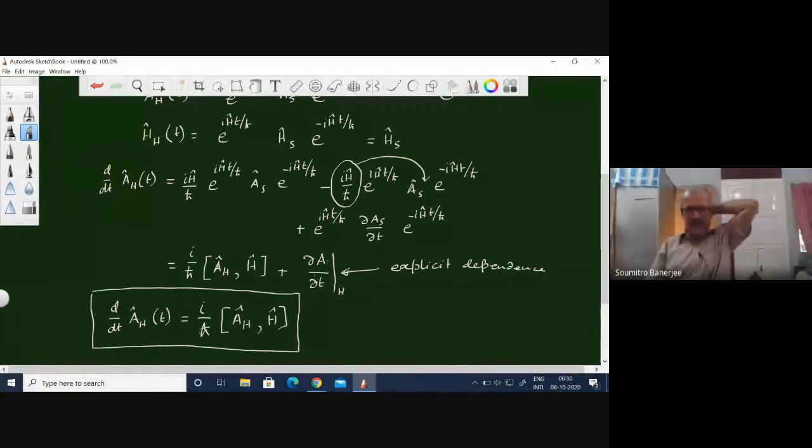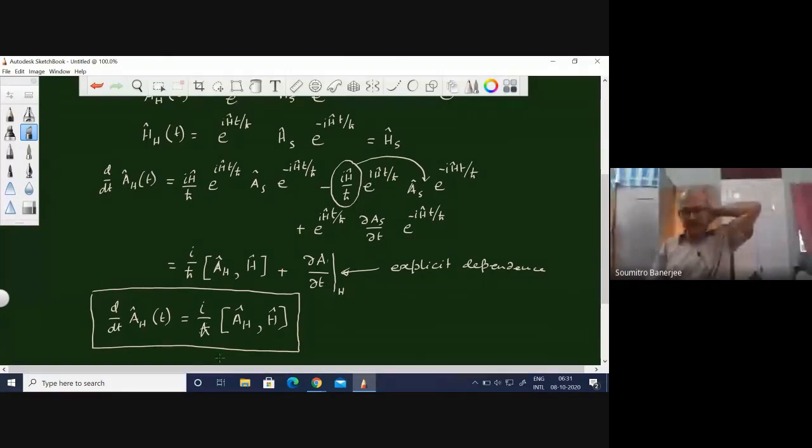It was in the Schrodinger picture, and its derivative in the Schrodinger picture is converted to the Heisenberg picture. That's what it actually is.